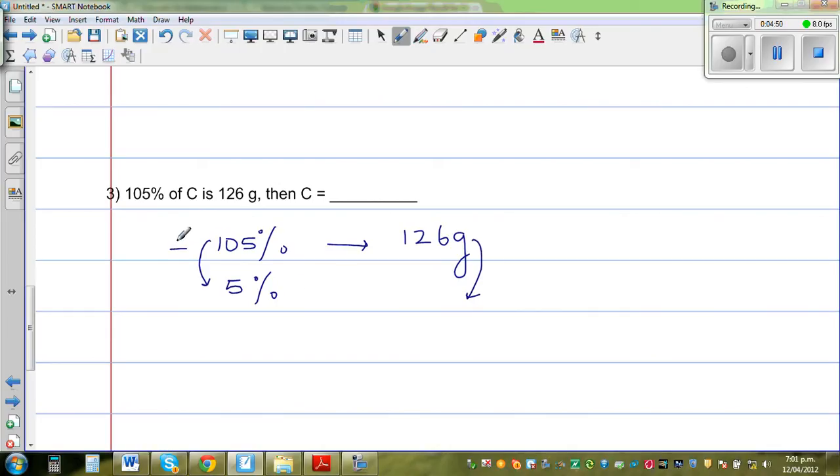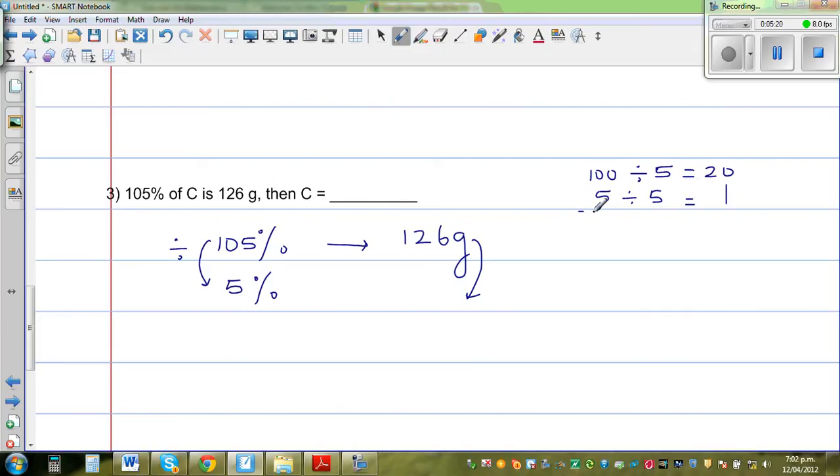105 divided by what gives me 5? I want to find 5. So 105 is 100 plus 5, divided by 5. 100 divided by 5 is 20, and 5 divided by 5 is 1.